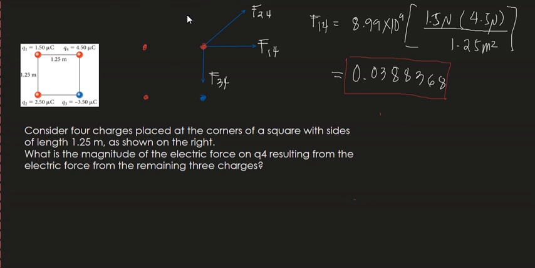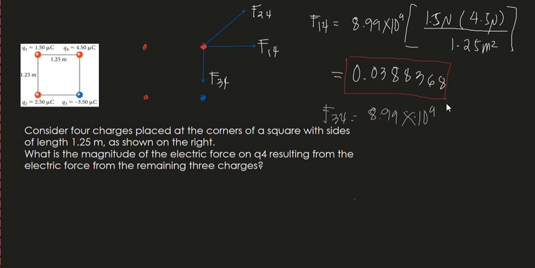Let's do F34 first, since it is easier for us. So F34 is equal to 8.99 times 10 raised to 9. If you solve this, your negative sign no longer matters. We only use the negative sign to know the direction, whether the force is repulsive or not. So when you substitute the value of your charge, the sign no longer matters.